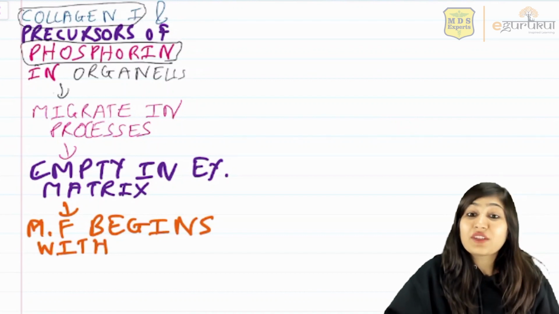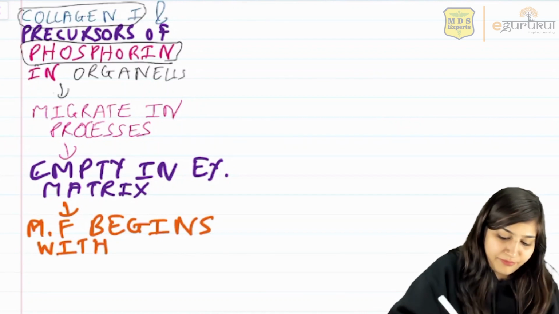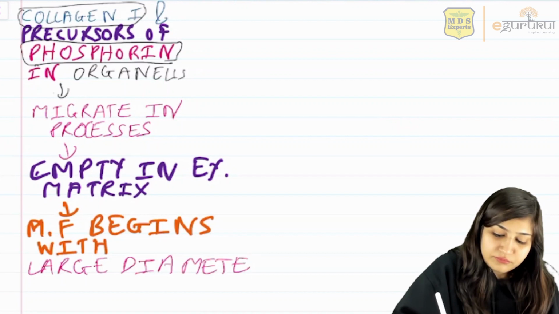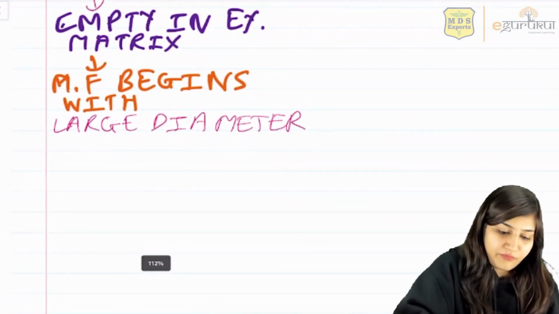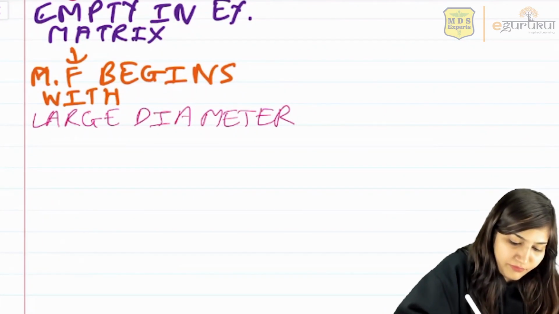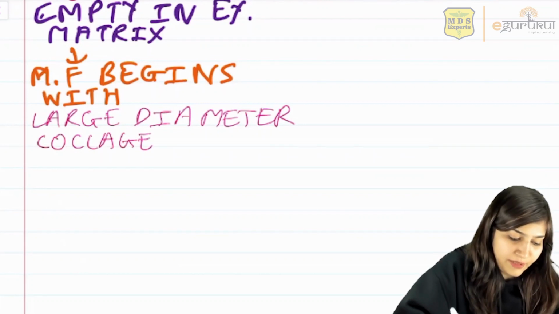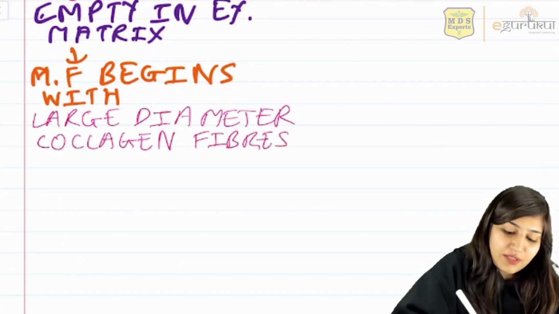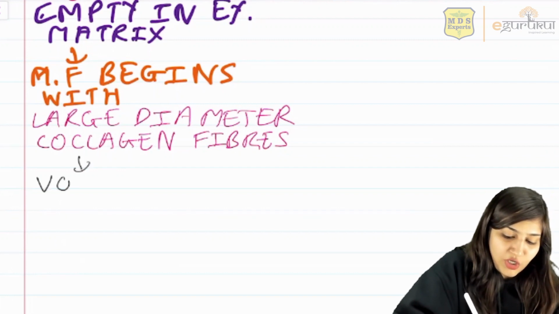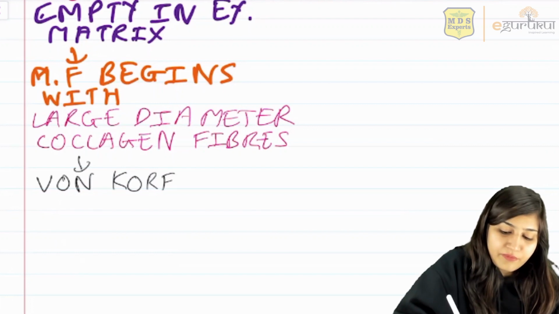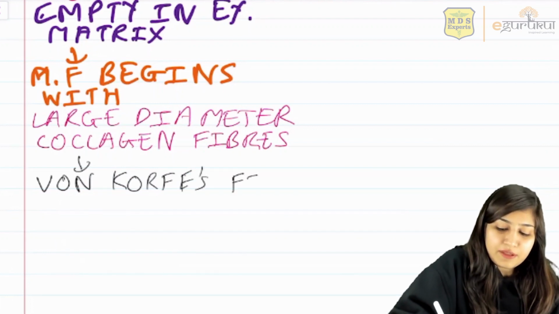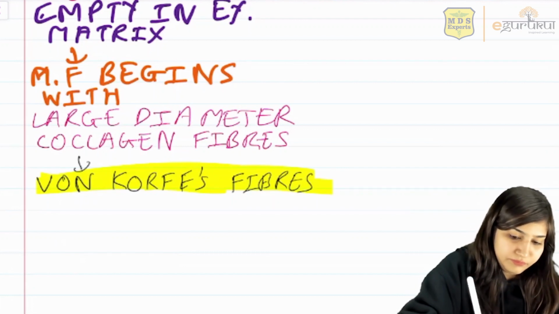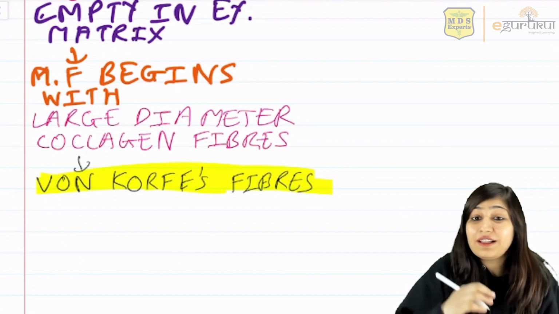So matrix formation begins with large diameter collagen fibers, and these fibers are known as Von Korff's fibers. Are they laid perpendicular or parallel to the DEJ?